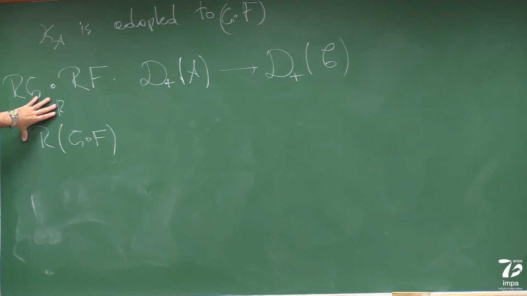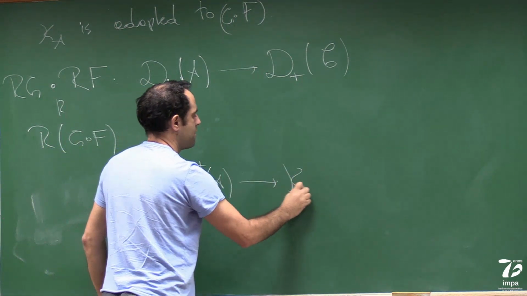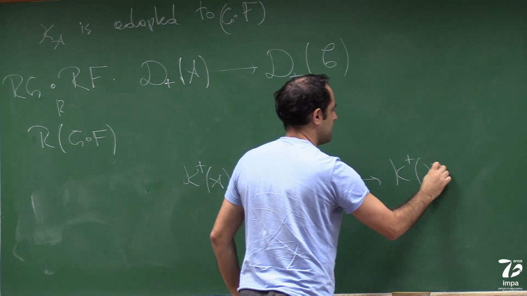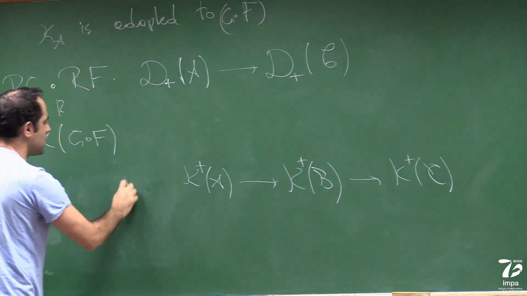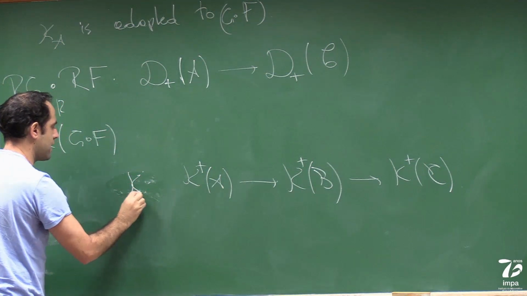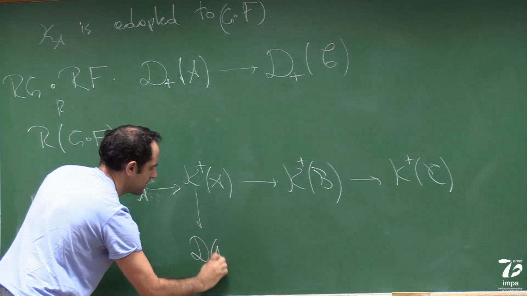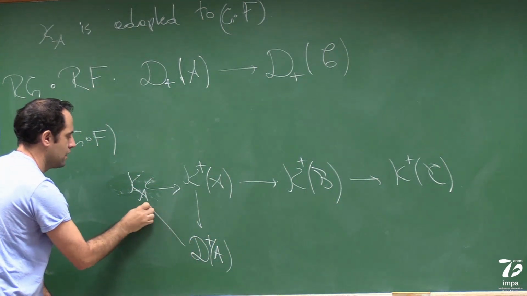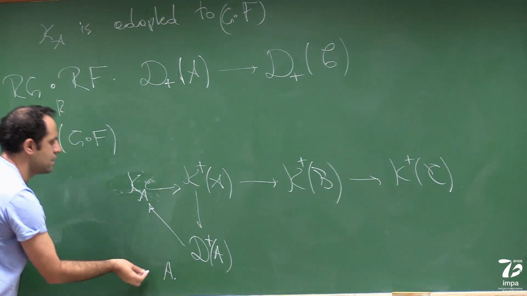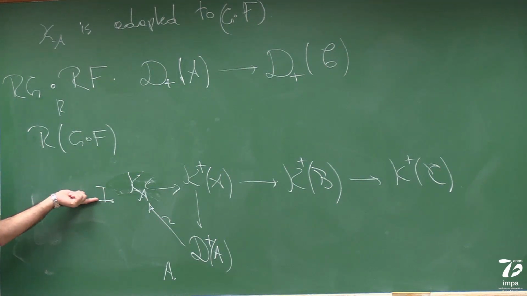How do we compute these two? So we have K plus A, K plus B, K plus C. Inside of here I have the derived category for A. So I have an object here. I find something in this equivalence here, and I apply whatever functor I want.